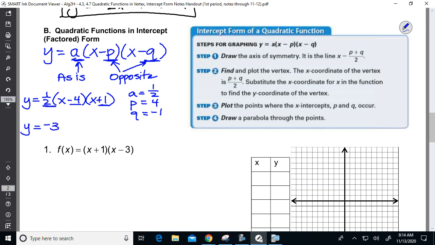Another potential example is something along those lines. Notice that your a value is -3. The first x is not in parentheses. You don't have another parentheses. So that means your p value is 0.